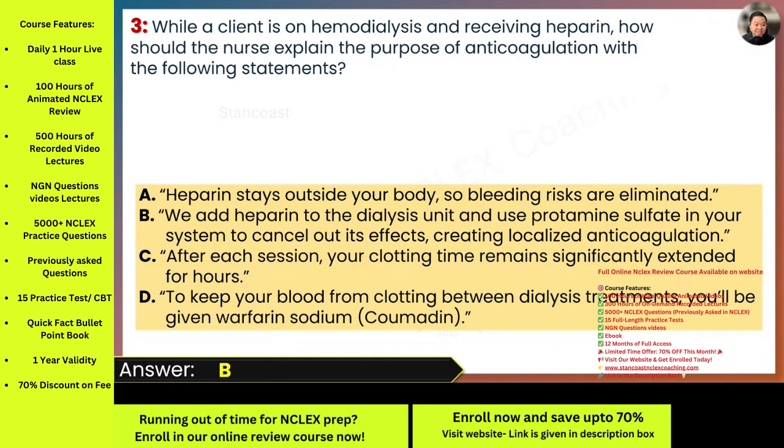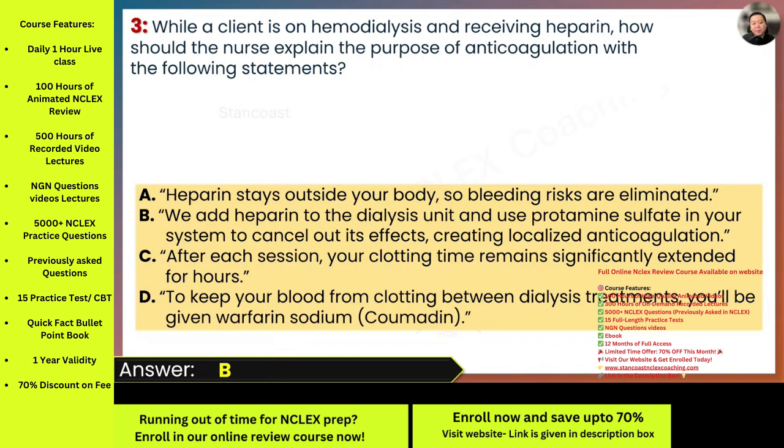Now, letter D, another incorrect option, it's because warfarin is not routinely given to dialysis patients for the same reason. And warfarin, we know, is used for long-term anticoagulation, for AFib, mechanical heart valves, or maybe DVT, but it's not given for routine hemodialysis anticoagulation.